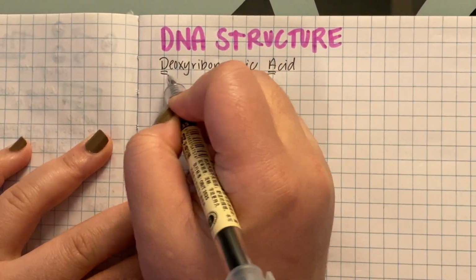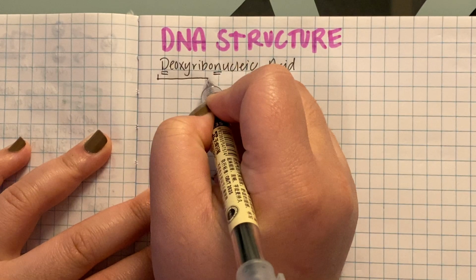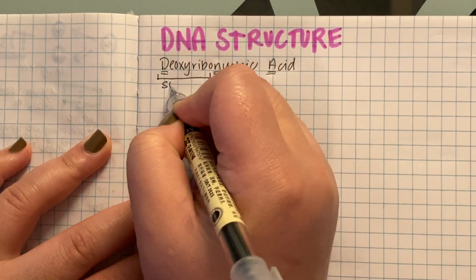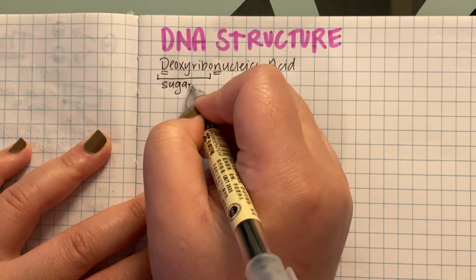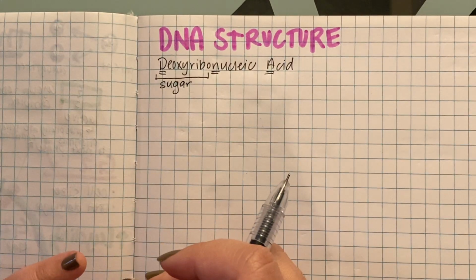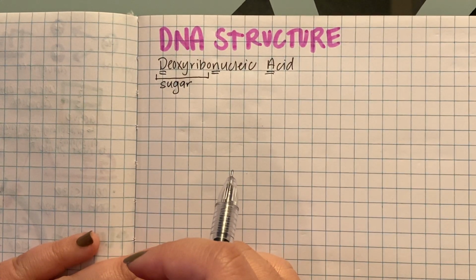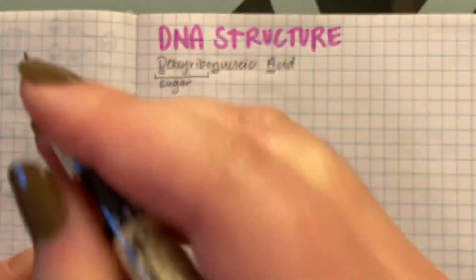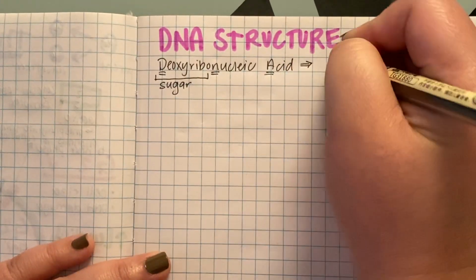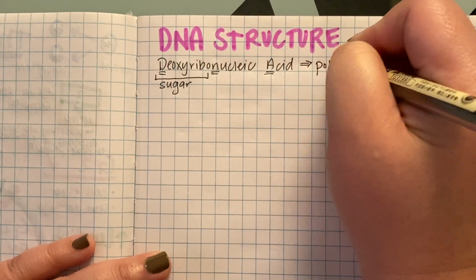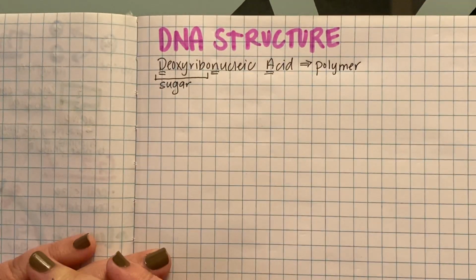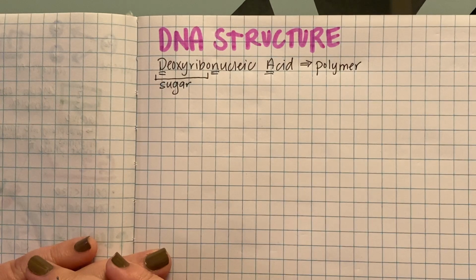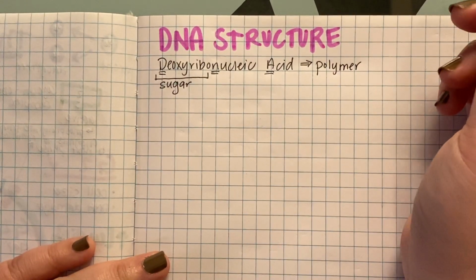So the ribo part, the deoxyribo, is referring to the sugar of this molecule. If you remember, all macromolecules are made up of monomers except for lipids. So deoxyribonucleic acid, this is our polymer. Nucleic acids can occur in this polymer form, or they can occur in the monomer form, which would be a nucleotide.